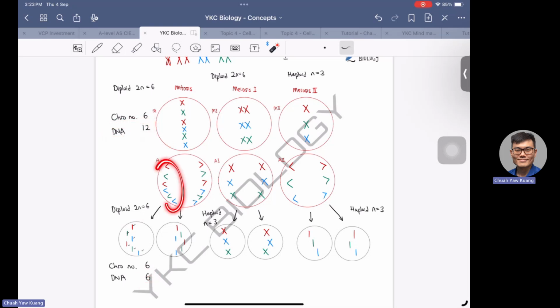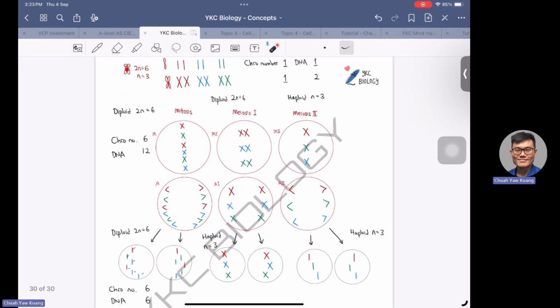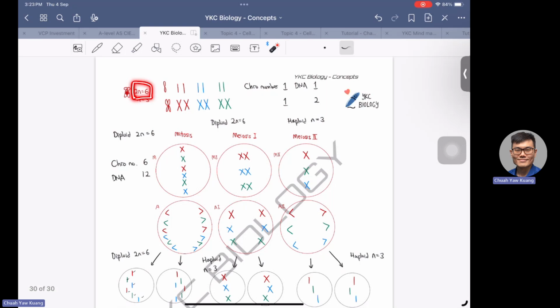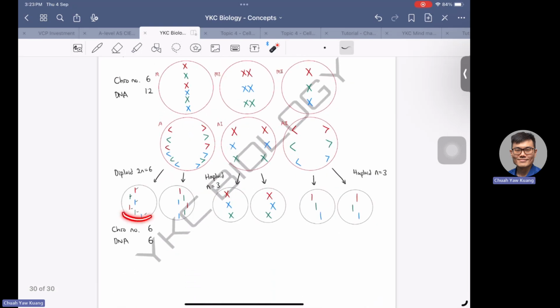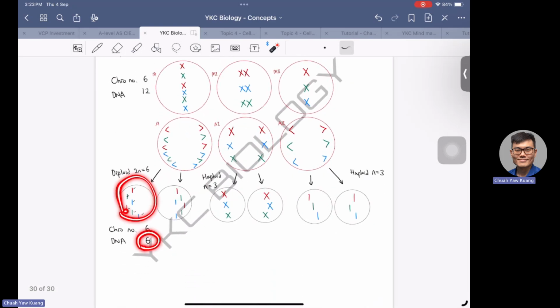Why? Because the sister chromatids have been separated into different daughter cells. The parent cell is considered diploid, 2n, because the chromosome number is 6, so 2n equals 6. For the daughter cell, although the DNA content has been halved, the chromosome number is still 6. So the daughter cell is also still diploid, 2n equals 6.